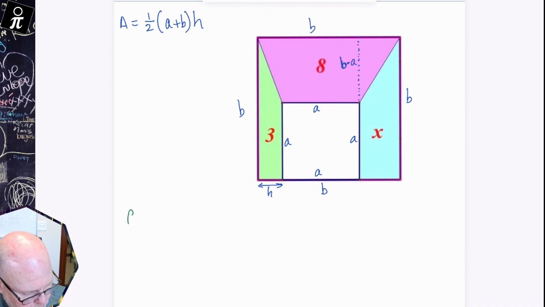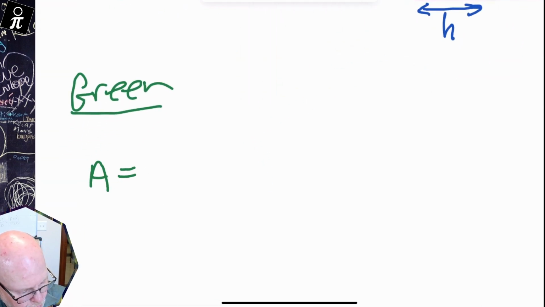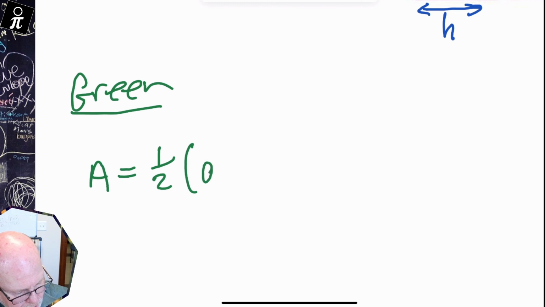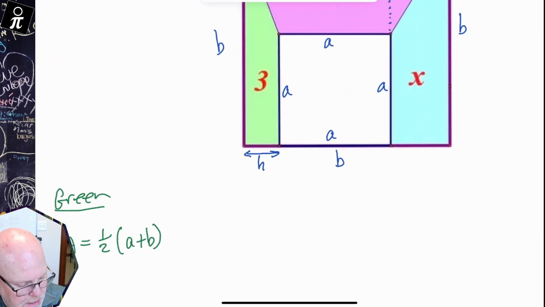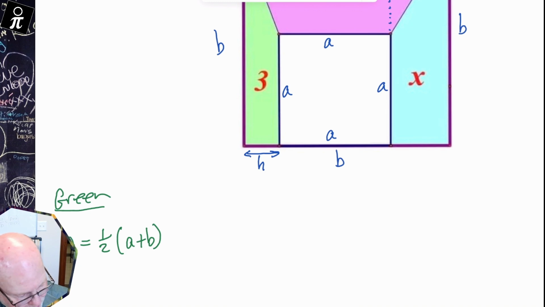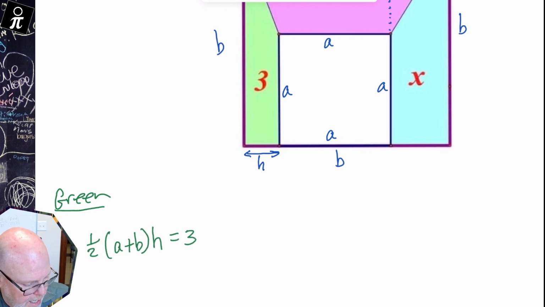The area of that green is 1/2 times (A plus B) times the height, and that equals 3. I don't need the extra A, because really I just want 1/2 (A plus B) times the height equals 3.